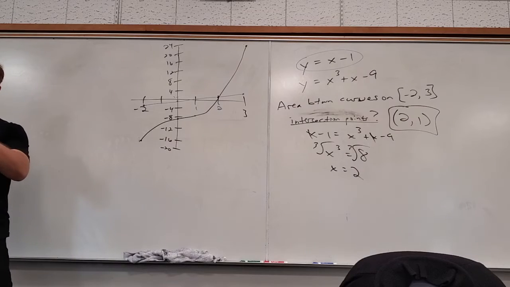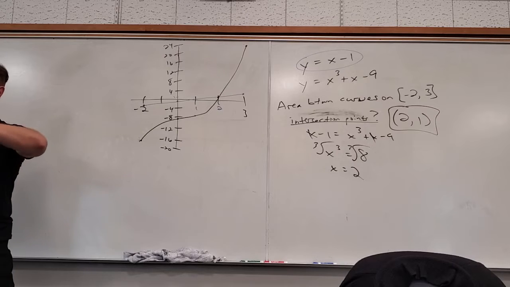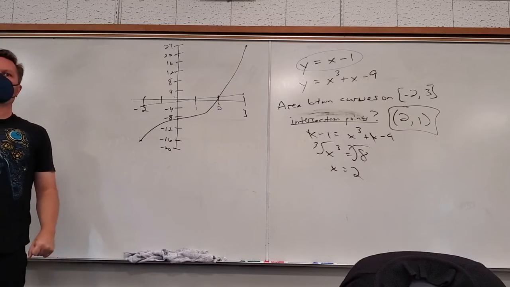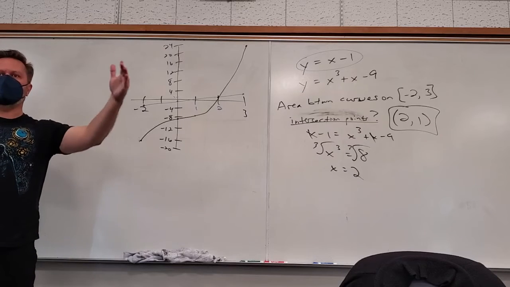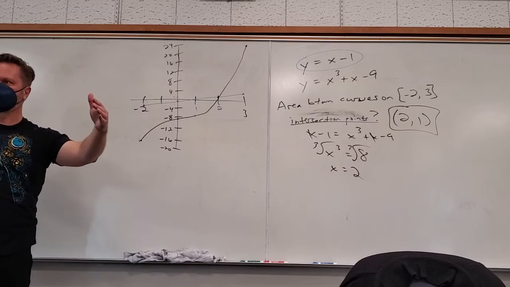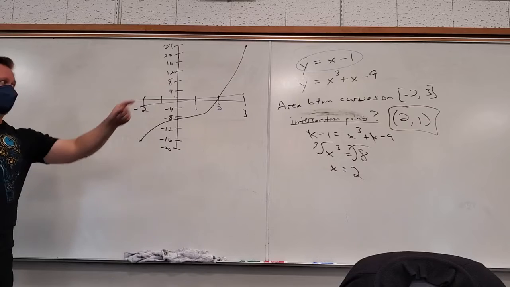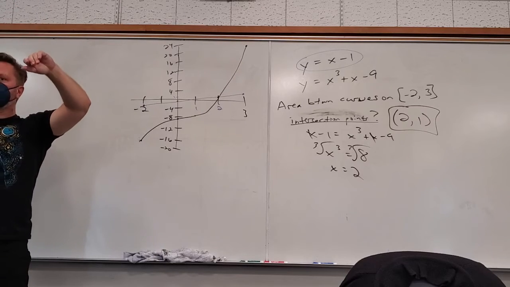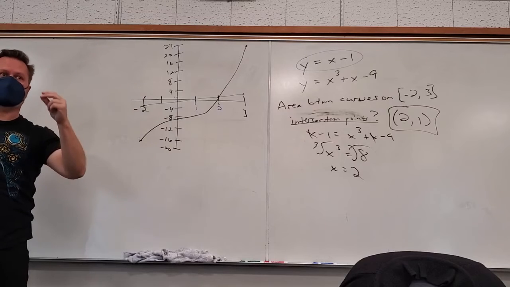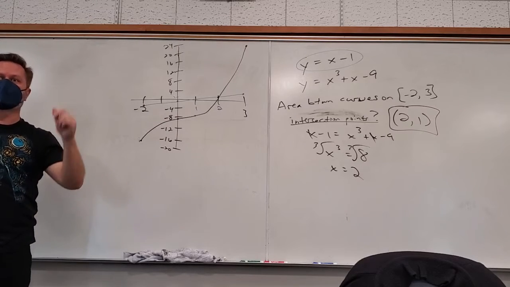So what is the thing to worry about here? What did I say earlier about this area? Is the total area allowed to be negative? No. Is there a function on top throughout the entire interval? I want the integral from -2 to 3. I want the area between the two functions from -2 to 3, and the answer cannot come out negative. It's supposed to be a physical area.